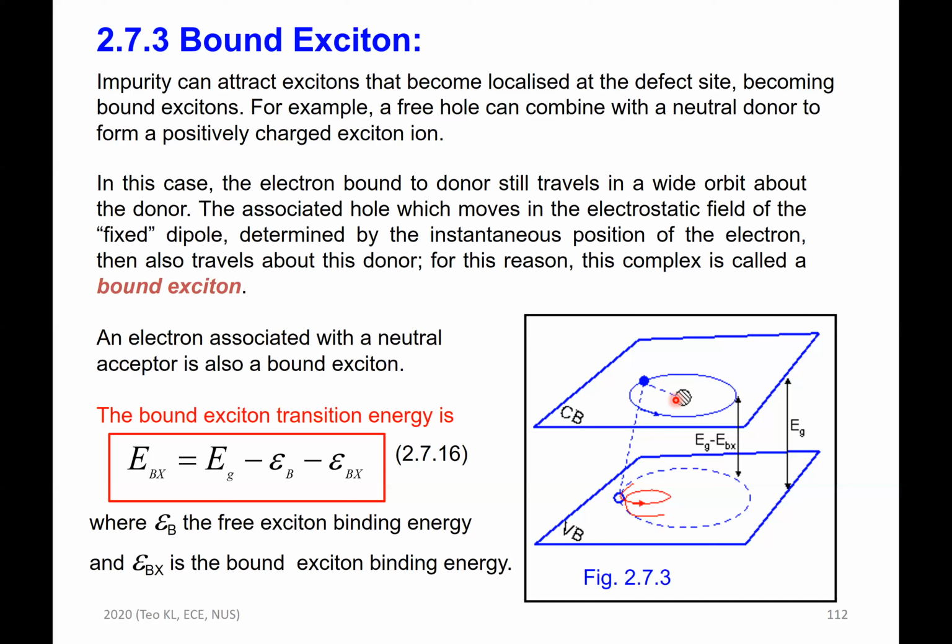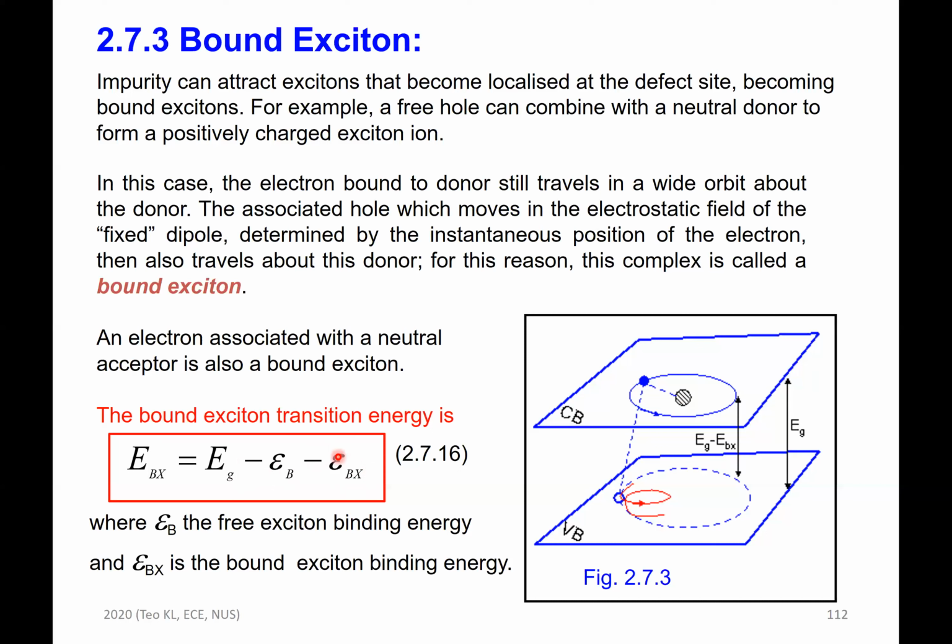Without going into details, you also can have an electron associated with an acceptor, and that also can be called a bound exciton. So the bound exciton transition energy will be Eg minus Ex minus the binding energy of the bound exciton.